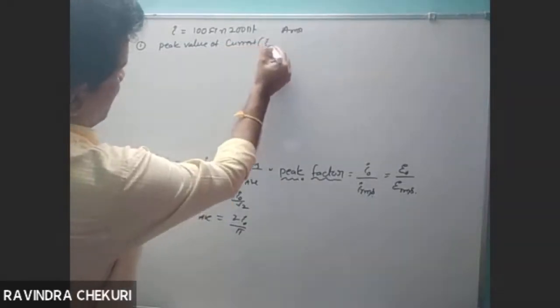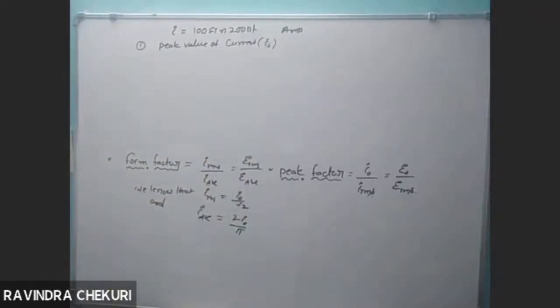That means the maximum value of current, I naught. Not peak factor, peak value of current I naught.